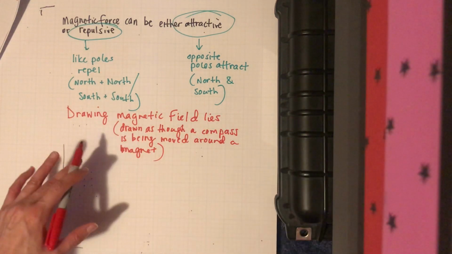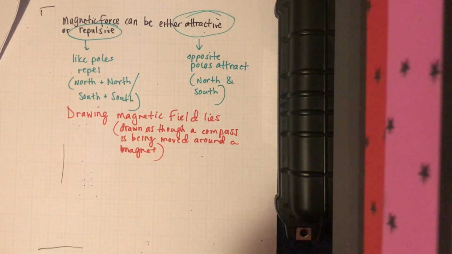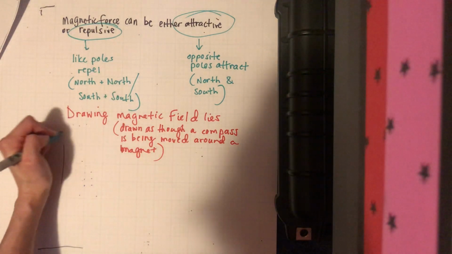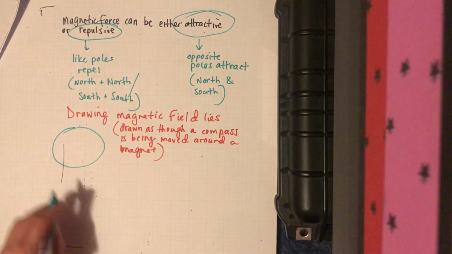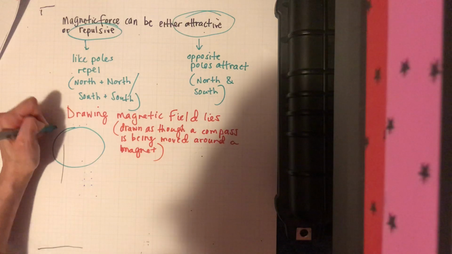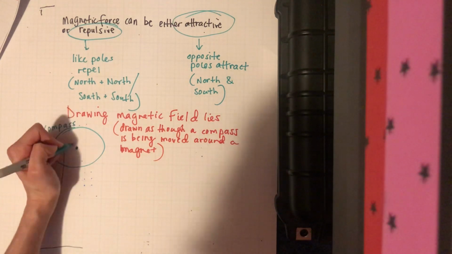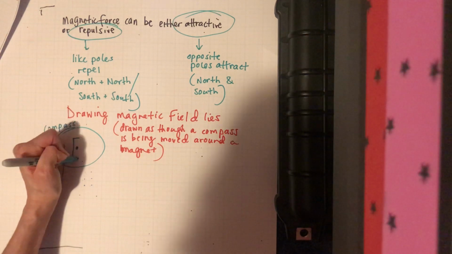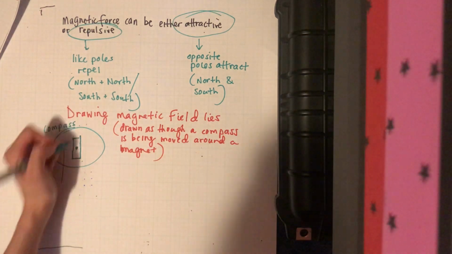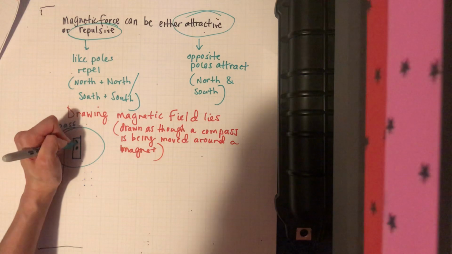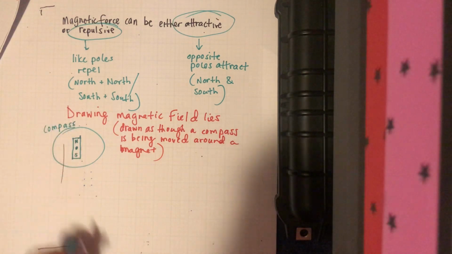Okay, so let's talk very briefly about compasses and how they work. A compass actually operates by having a freely floating bar magnet on a pin. So this little bar magnet has a north pole and a south pole.